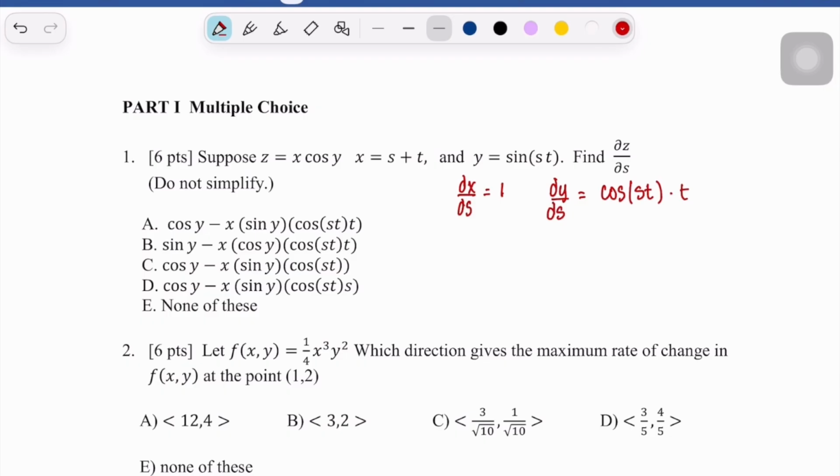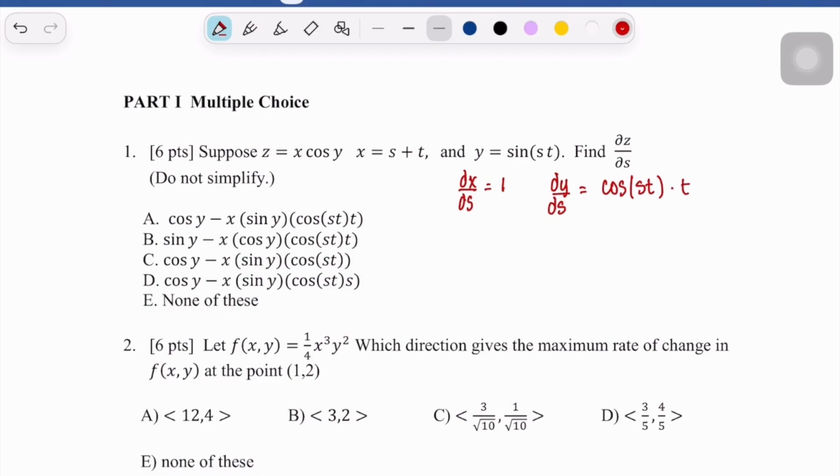I hope it's clear that when we take partial derivatives, we treat everything but the variable we're taking the derivative with respect to as a constant. In our case, since we're taking the derivative with respect to s, t is treated as a constant. Moving on, we take the derivative of z with respect to s. We'll use the product rule here since z is the product of two functions, x and cosine y.